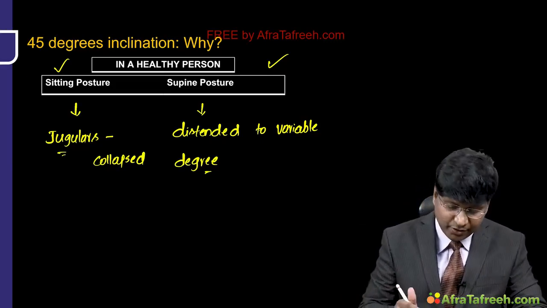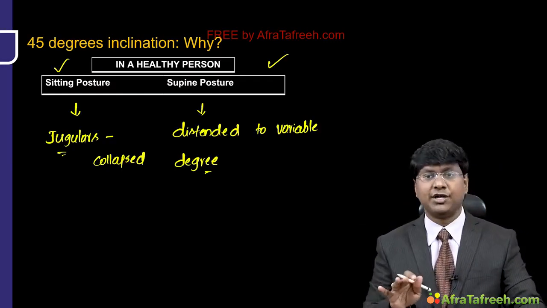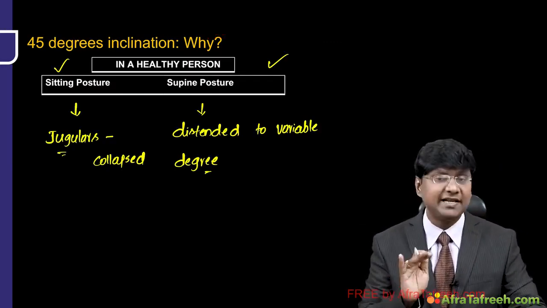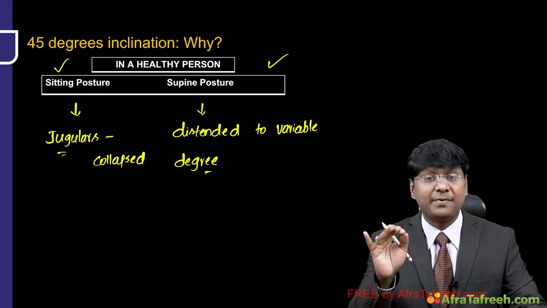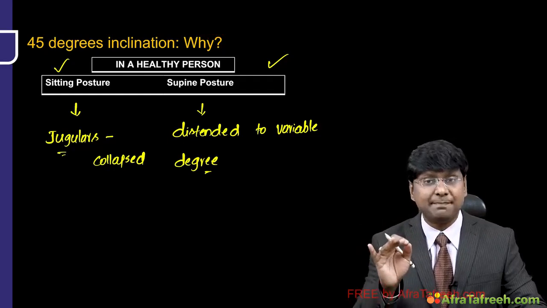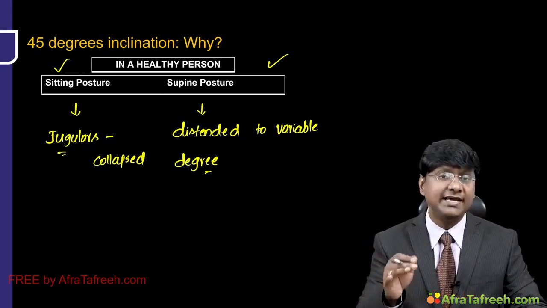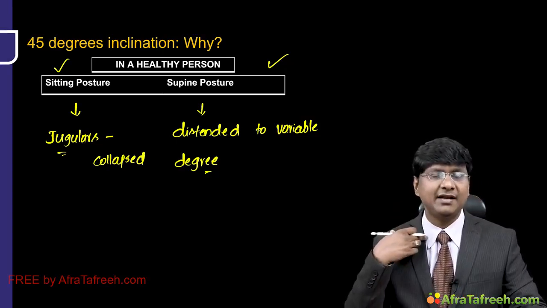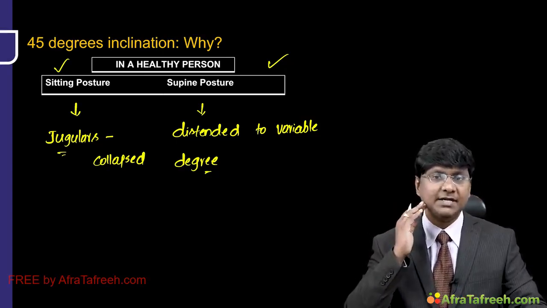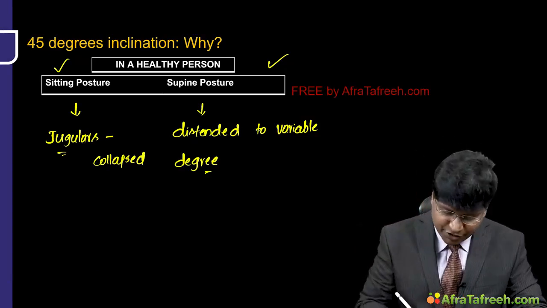Now you need to take an intermediate position. You need to select an appropriate intermediate position that permits you to see the top of the pulsating column between the clavicle and the mandible. What will be that intermediate position?